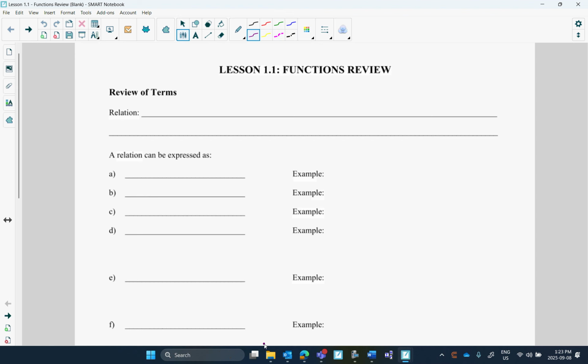And a relation is a rule that associates one set of information with another.